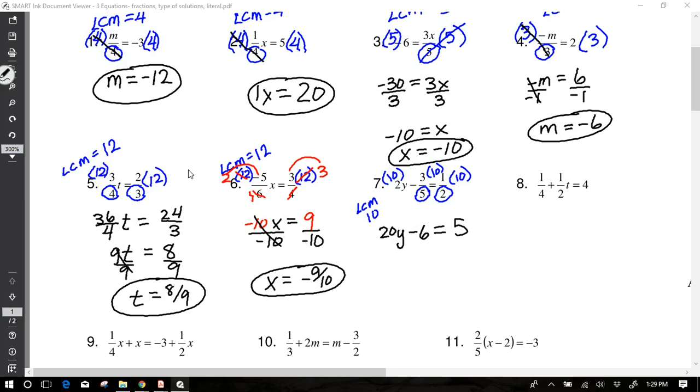Now we're going to solve this two-step equation. So start by adding the 6 to both sides, and then 20y equals 11. Last step is to divide by 20. And 11 over 20 cannot reduce, so I'm just going to leave that exactly how it is.